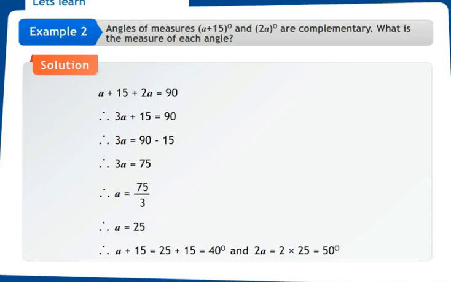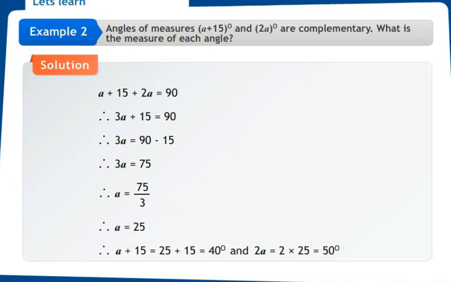We know a is 25. So 2a will be equal to 2 into 25. That is 50 degrees. So angles of measures a plus 15 and 2a are complementary. That means 40 plus 50 gives you 90 degrees when a is equal to 25.